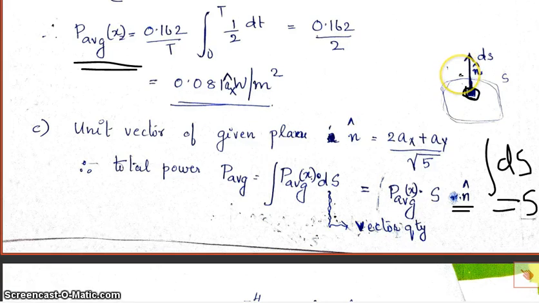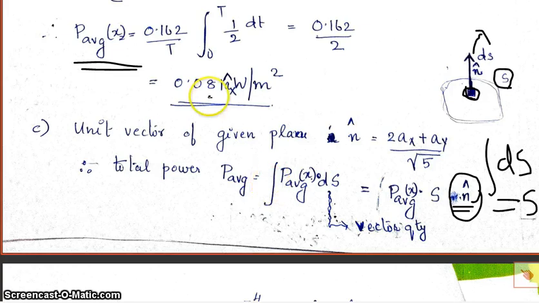That means, I repeat, if you consider a total surface S, and if you are taking a small area ds from that S, that ds will be pointing perpendicularly outwards with respect to the surface S. That means this ds is a vector quantity. It has not only magnitude, it has direction also. So in order to represent the direction, we will be using this unit vector. Hope it is clear.